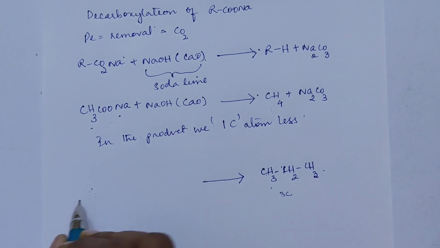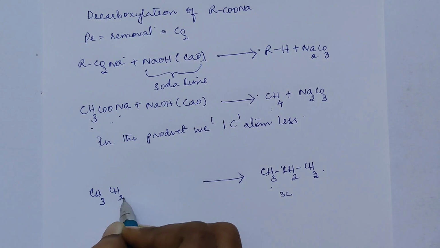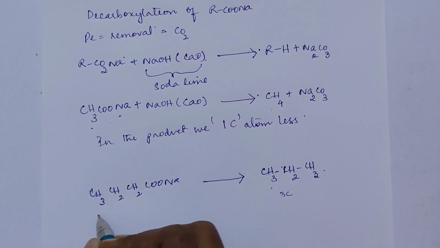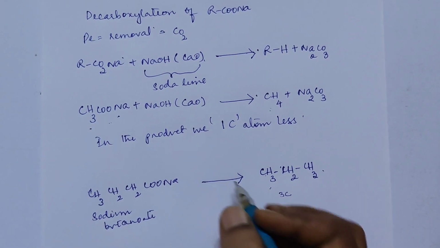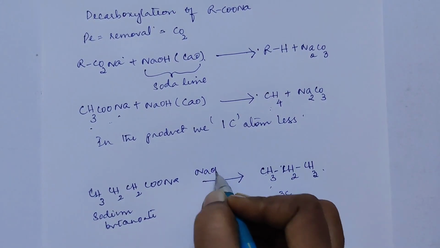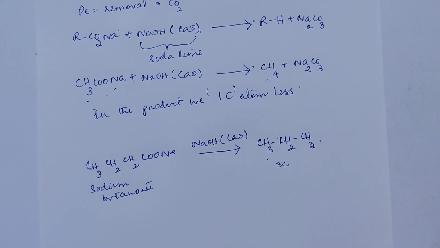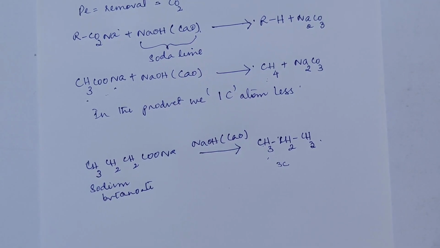So that is the 4 carbon acid salt, CH3CH2CH2COONa. This is sodium butanoate. Sodium butanoate, with sodium hydroxide and calcium oxide, gives propane as the product. So this is about the decarboxylation of sodium salts of carboxylic acid.